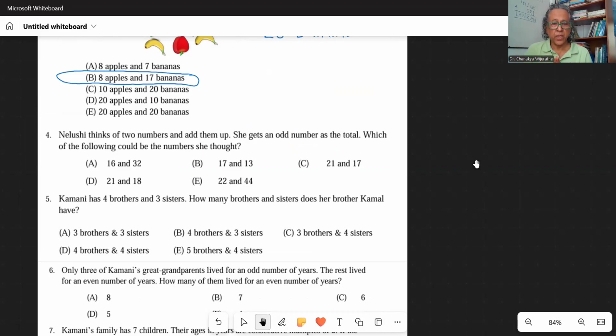We know that when we add 2 numbers, we get an odd number when one is even and one is odd, because even adds up to an odd, and odd adds up to an even number.